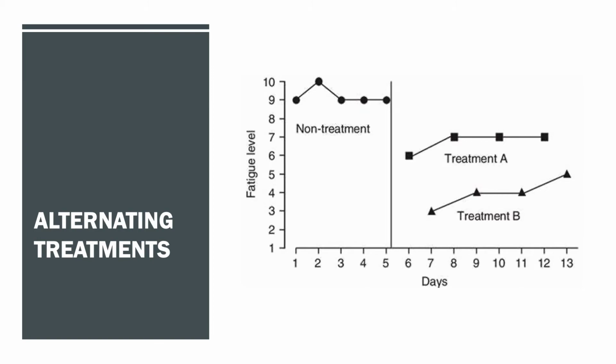And as you can see from the graph here, we've got two lines of data where the data points clearly are not touching. One comment I would make is that treatment B, although showing to be more effective, is starting to trend back towards baseline data, which would mean that we probably want to continue to implement intervention until we see that the data is stable and not heading back towards the other data line.